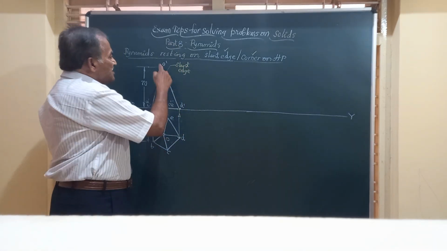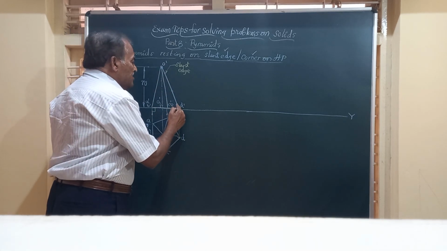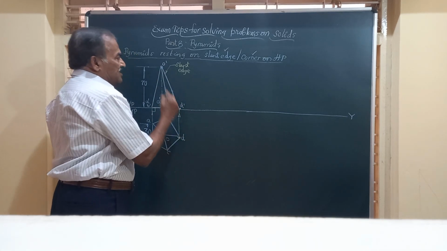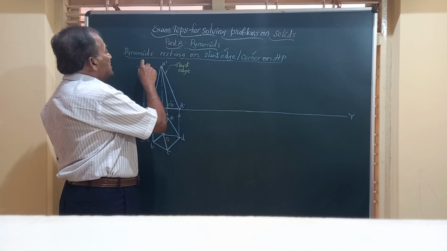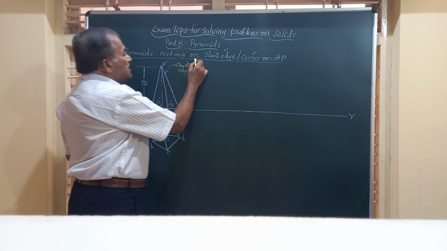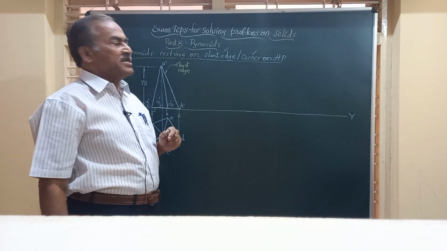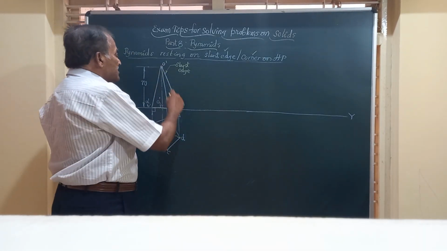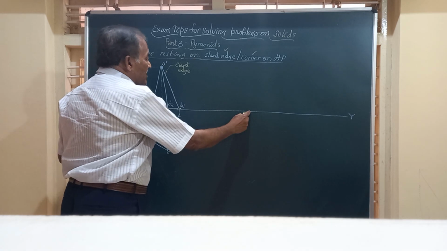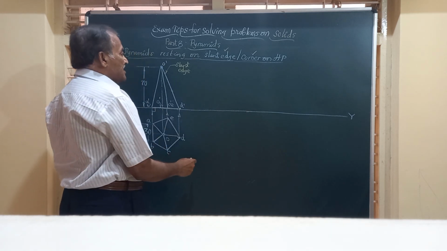Now friends, this slant edge is at an angle to HP. But we want this pyramid to rest on a slant edge. So friends, what is to be done now? This O dash D dash has to rest on the XY line, that is on HP.